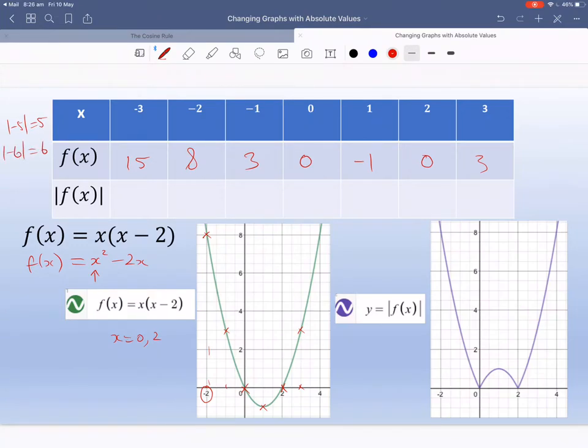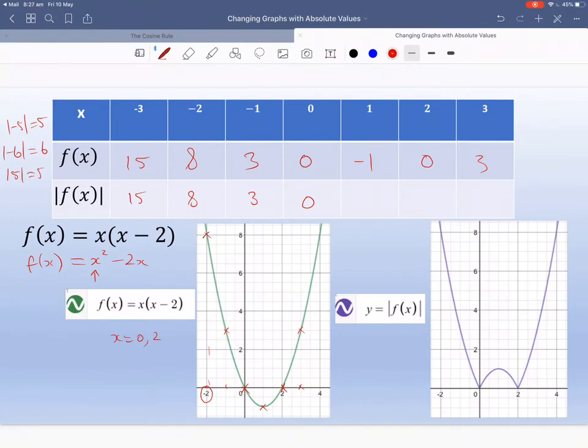And in the same way, the absolute value of 5 is still just 5. So if we do the table of values at the bottom, we get the same thing. So 15, that's positive. 8, that's still positive. 3, and 0 is neither positive nor negative.